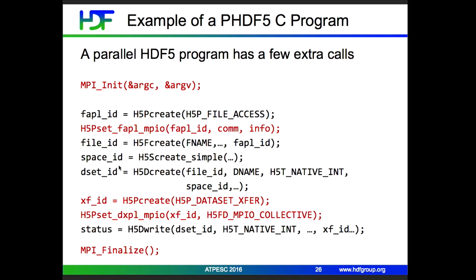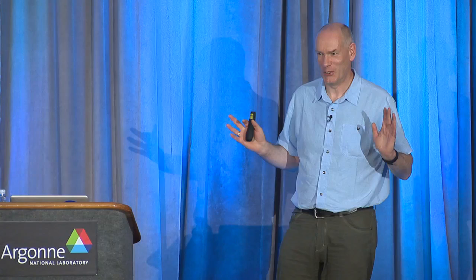For these property lists, if you ask what the deeper purpose is, the deeper purpose is, as Rob mentioned already, that the HDF5 API is huge. There are hundreds of calls grouped by API.